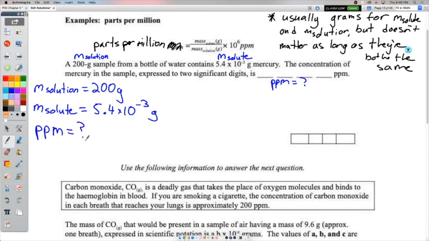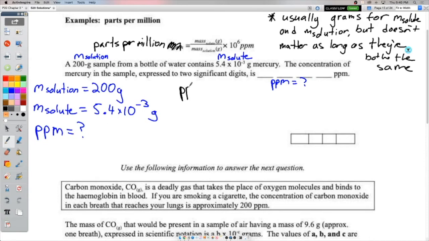So as always, go to your data booklet. Look for the equation that has everything you're given and everything you want, so ppm, and nothing else. There should only be one in 99% of questions, but some are 2 steps. Even then, you can get your game plan by looking at what equations you have at your disposal.